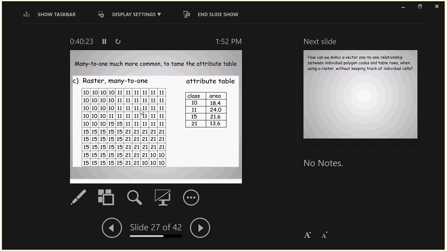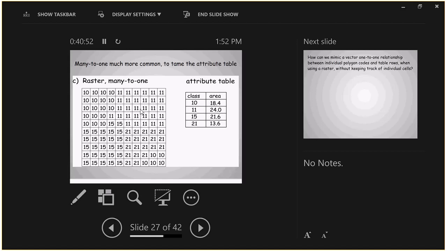So if these represent counties, county A is now coded 10, county B is coded 11, and so on. You'll have a many to one. Many cells will be represented in the attribute table as a single row in the attribute table. But still, you stored this many values.